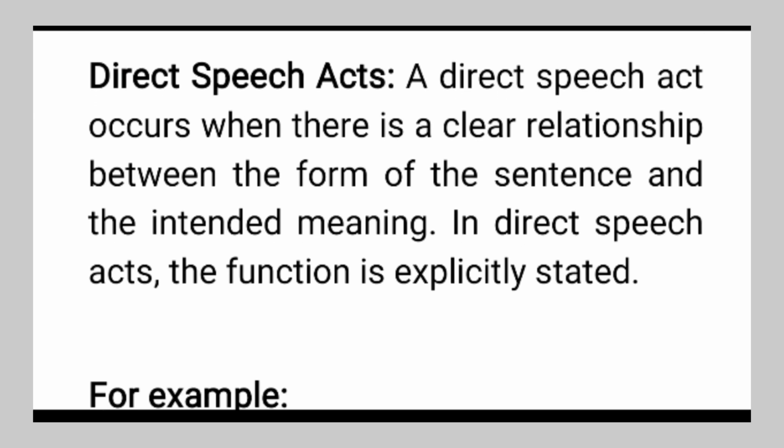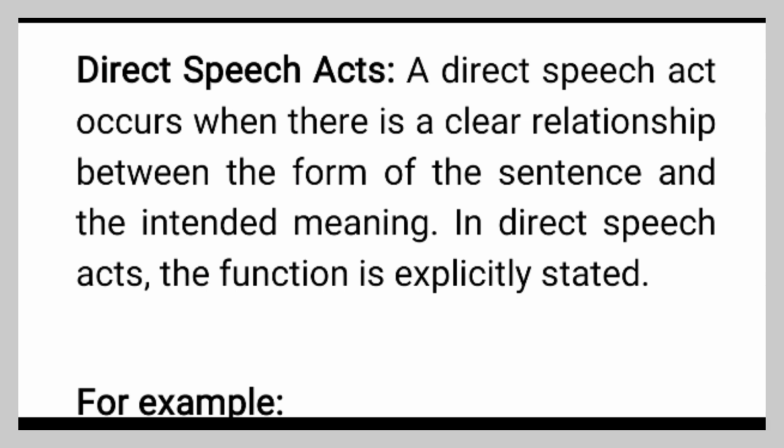In direct speech acts, the function is explicitly stated, so whatever you say is clear. You understand directly that the person is giving an order. The sentence has a direct relationship between its form and its intended meaning. So this is your direct speech act.